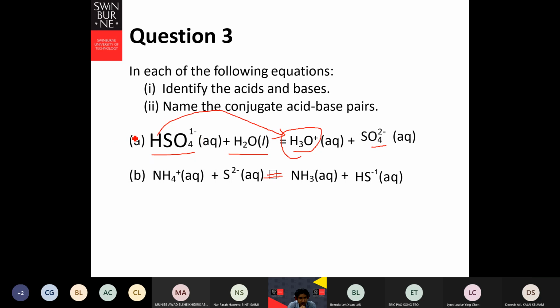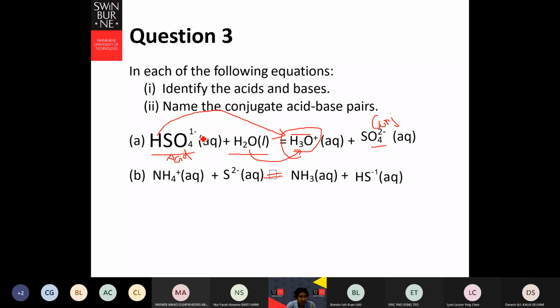It is donating the hydrogen to this water, and it is producing hydronium ion. So this is an acid in this case. And this is the conjugate base of that acid. And water is a base here, and hydronium ion H3O plus is a conjugate acid of this base.